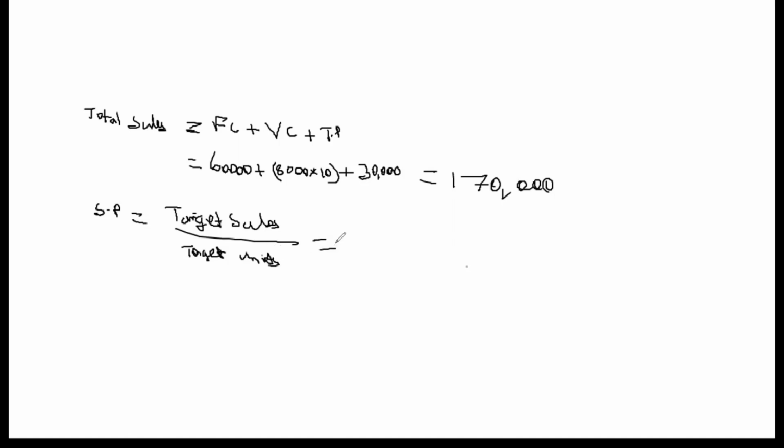So this is 170,000 divided by 8,000 units.